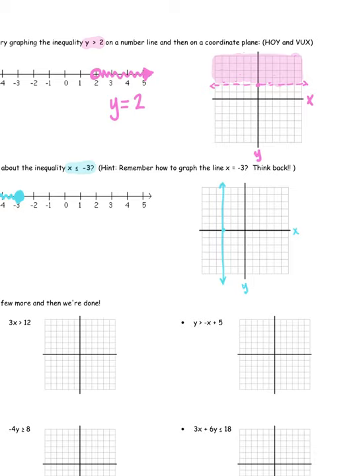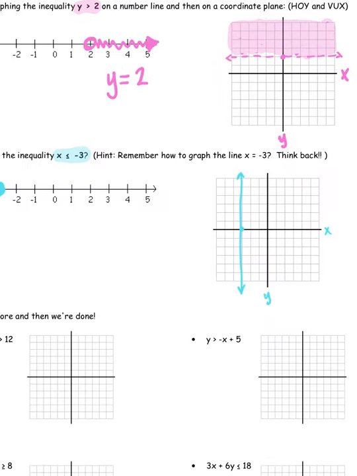So we're going to say, in this case, we're going to shade to the left or to the right of the line. And we can determine that by just looking at the numbers that would go either way. So we know that less than -3 would be all numbers to the left of the line, less than -3.